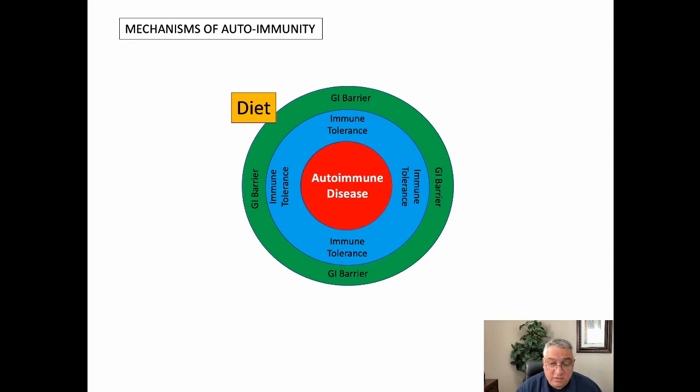Gliadin, for instance, once it gets absorbed by the epithelium found at the gastrointestinal tract, this epithelium is represented by a group of cells known as enterocytes. These enterocytes, when they absorb gliadin, which is a molecule within the molecular structure of gluten, upregulate a molecule known as zonulin.